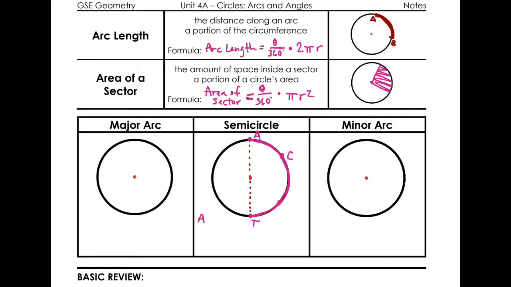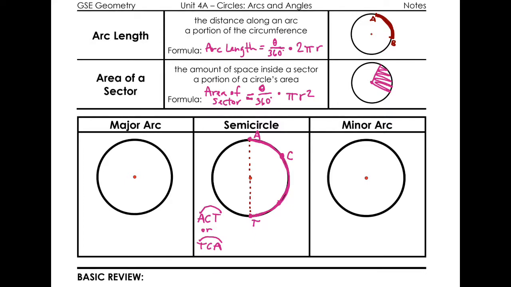So the only thing is, you have to remember, I'm going to put or, TCA. Now you have to remember 3 letters can be used to name a triangle. 3 letters could be used to name an angle. So it's very important that you show you're talking about an arc by putting an arc over those 3 letters. That's how we know we're talking about arc ACT and not angle ACT or triangle ACT.